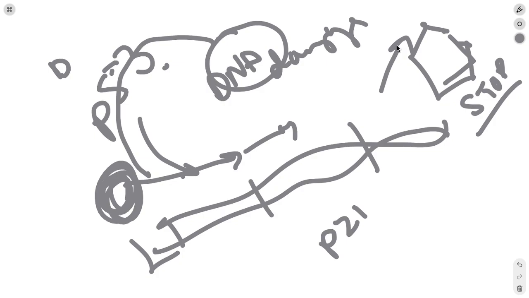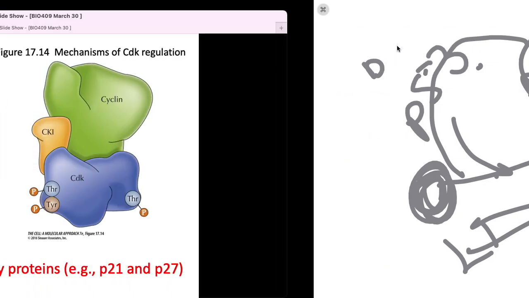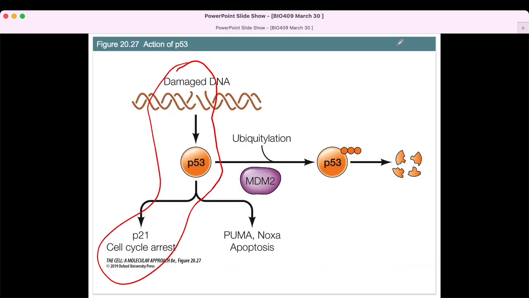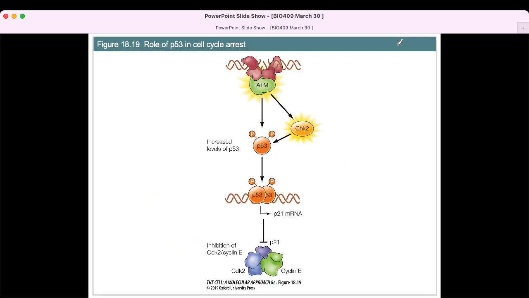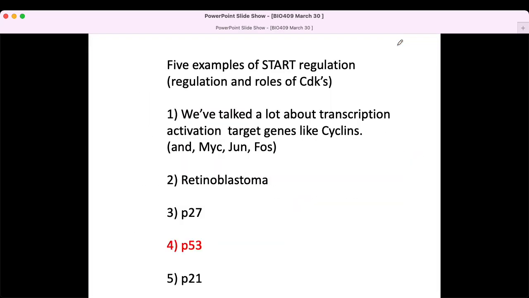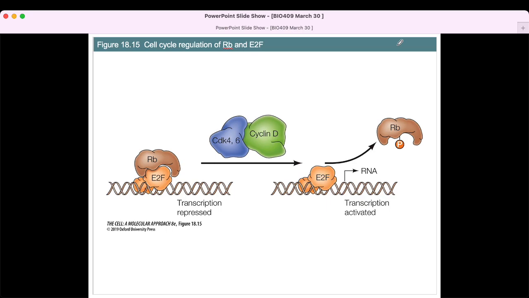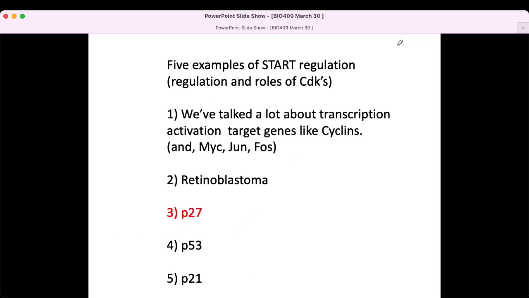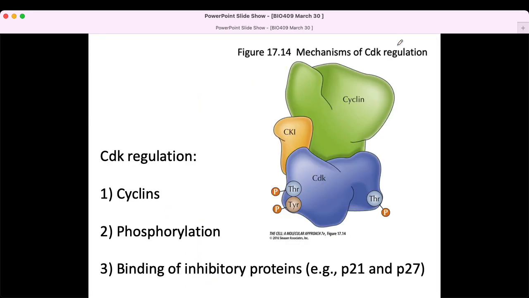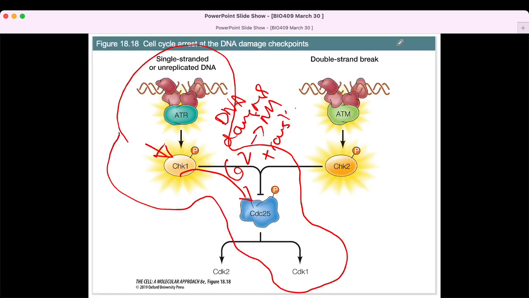And so, let's just go to this figure, and this might be helpful, and then we'll have a little concept chat. Where's that figure? There it is.